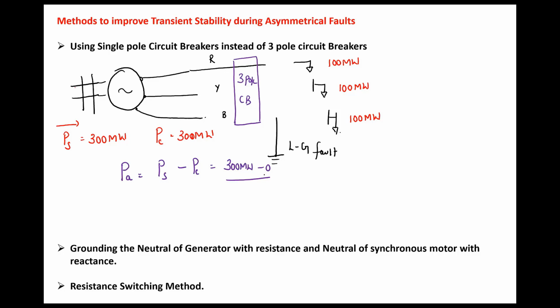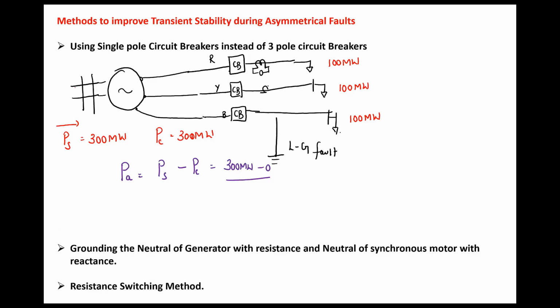So what they thought is, instead of using a three-pole circuit breaker, if we use single pole circuit breakers, that means in the R phase there is a separate circuit breaker and separate relay. In the Y phase there is a separate circuit breaker. And in the B phase there is likewise a separate circuit breaker and relay.